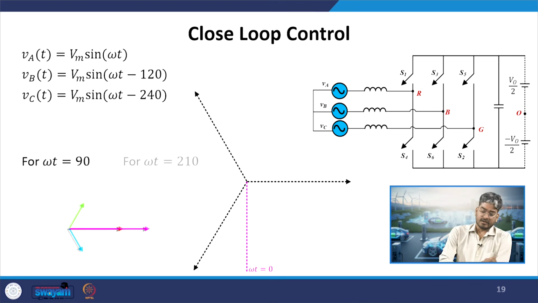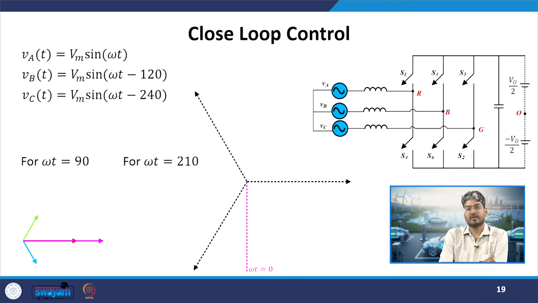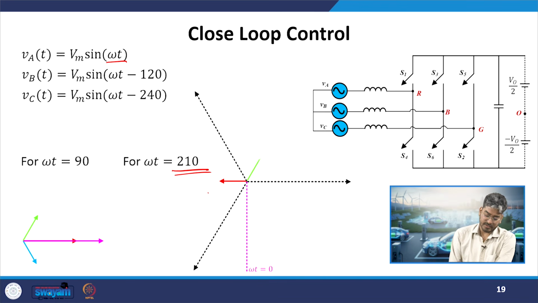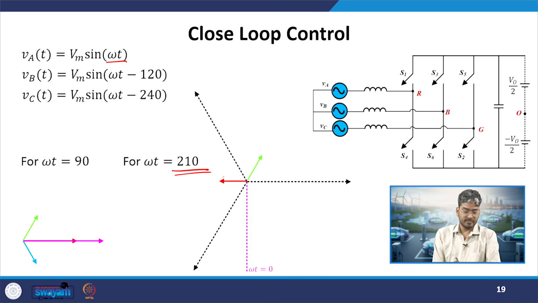Now let us see what happens at a later instant. After some time omega t elapses and becomes equal to 210 degrees. When I replace omega t with 210 degrees, VA will have a magnitude of this much, VC will have a magnitude, and VB will have a magnitude of this value.